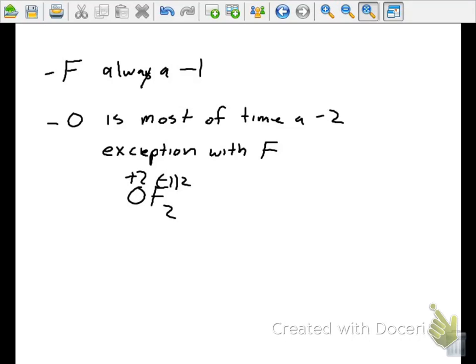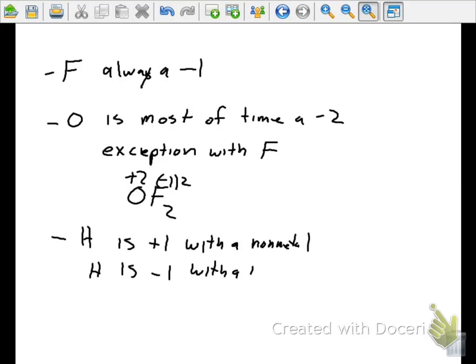Okay? All right. And then hydrogen is +1 with a nonmetal. And it's a -1 with a metal. Okay, so the example, we could have HCl.